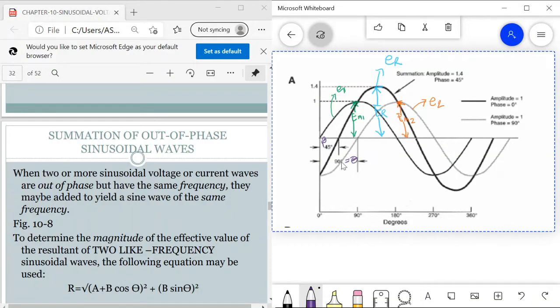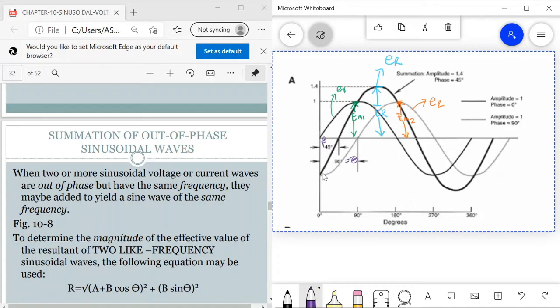So ito yung theta dito. If we add these two waves, E1 and E2, by the way, this E1 has a maximum EM1 here and this E2 has a maximum voltage EM2 here. If we add these two waves, the resultant wave will be like this one, E resultant, and it will have a beta angle equal to 45 degrees.